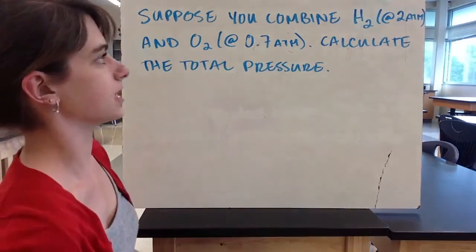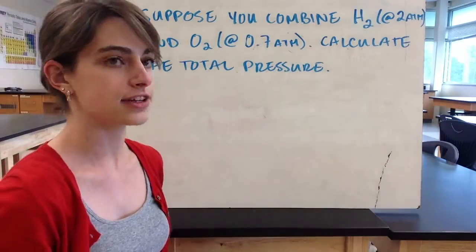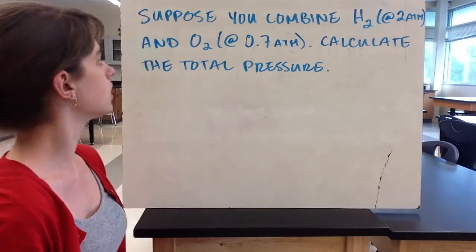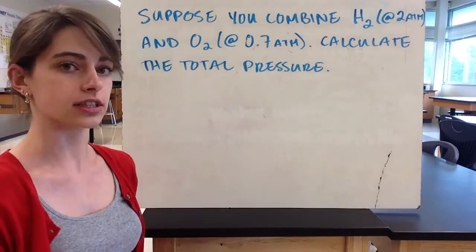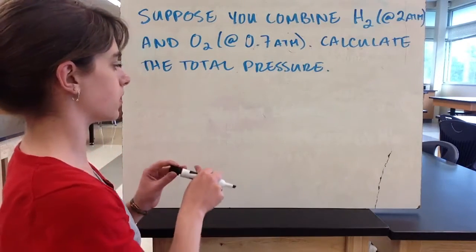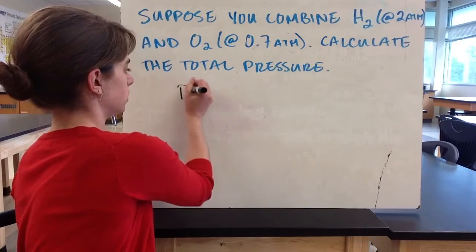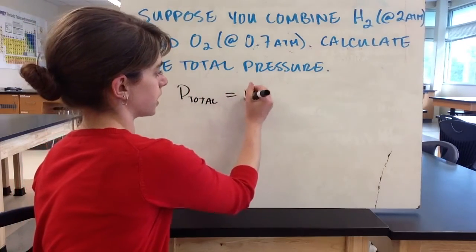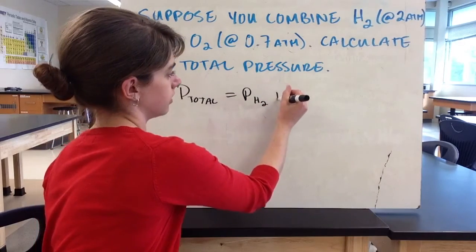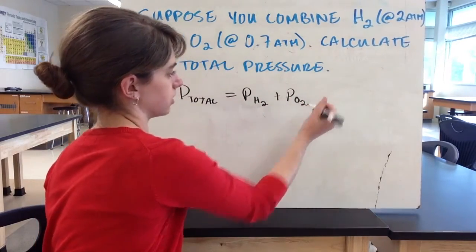Our first example says, suppose you combine hydrogen gas at 2 atmospheres and oxygen gas at 0.7 atmospheres. Calculate the total pressure. So remember, P total equals the pressure of the hydrogen plus the pressure of the oxygen.